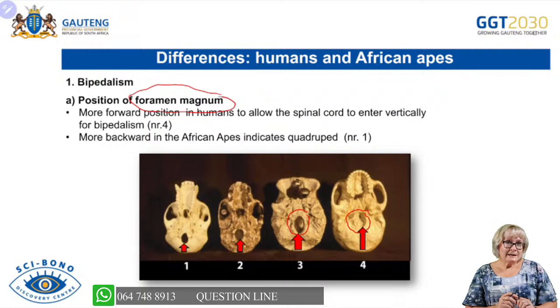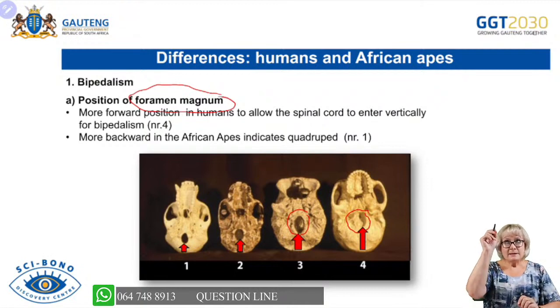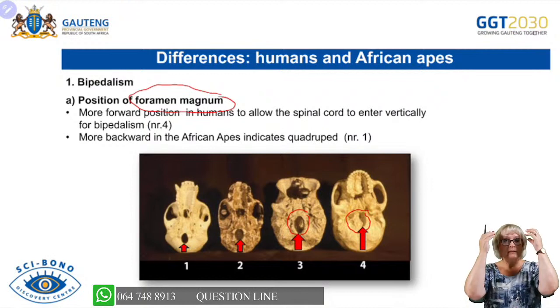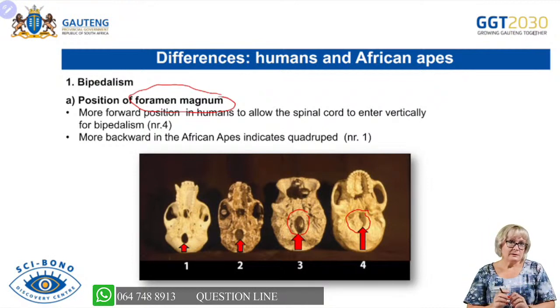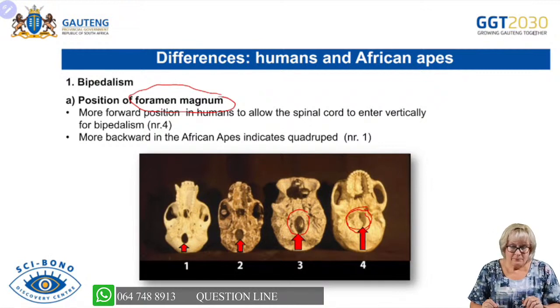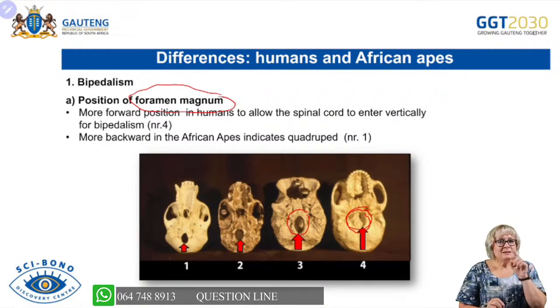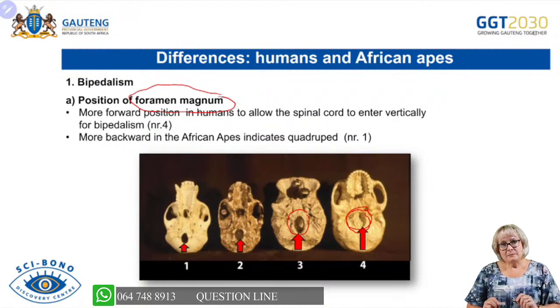Why is there a hole? Remember, your brain is where? Your brain is in your skull. And from your brain, you have a spinal cord that moves down the vertebral column. And that spinal cord, one way or another, must be able to get from the brain into that vertebral column. And that is the opening, the foramen magnum. All right, now the position of that foramen magnum in the skull is very, very important.